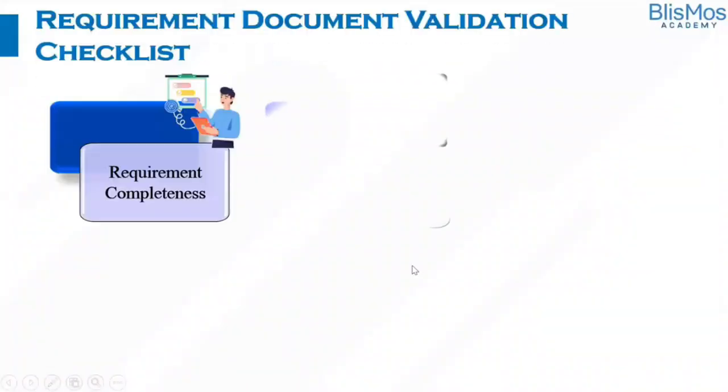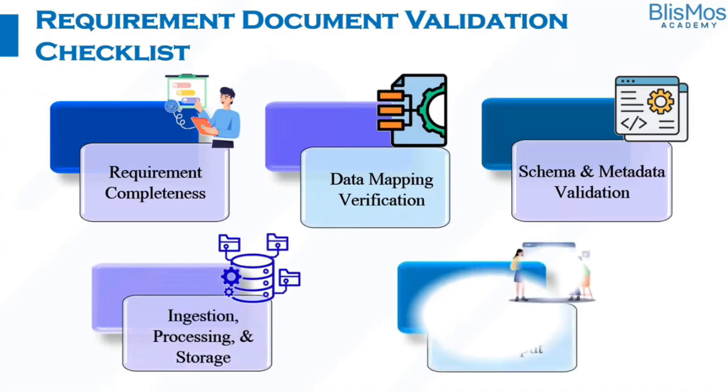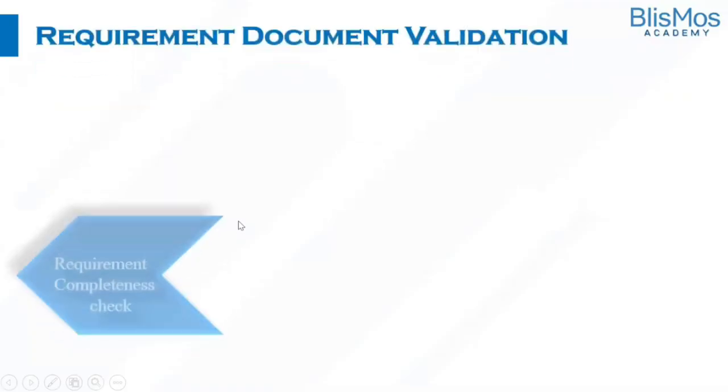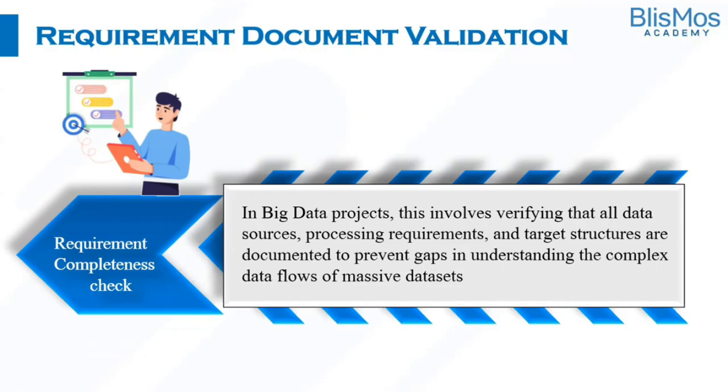We understood there are a few types of requirement document validation like completeness, data mapping, schema and metadata, ingestion, processing and storage, reporting, and output. So what is requirement completeness and why do we need to do that? When we talk about data engineering projects, as you know, it involves getting the data from source to the target.